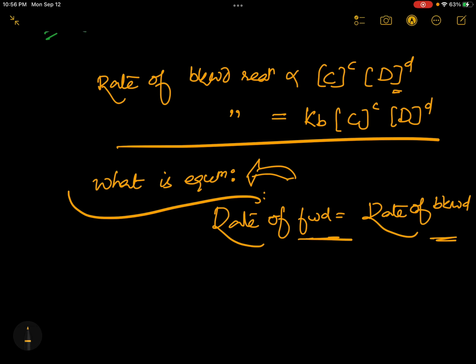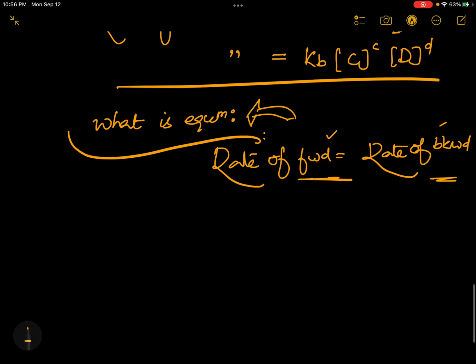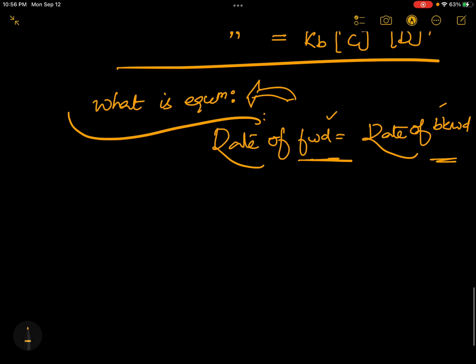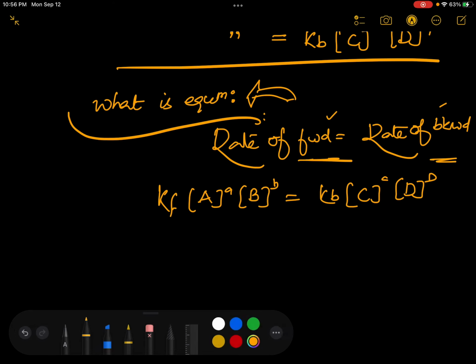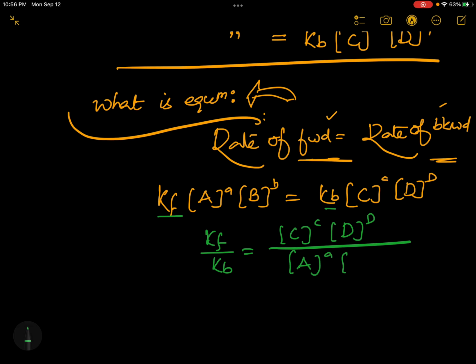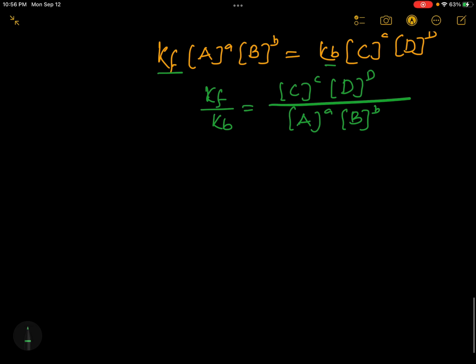So Kf [A]^a [B]^b equals Kb [C]^c [D]^d. Now we bring these constants to one side: Kf by Kb equals [C]^c [D]^d by [A]^a [B]^b.